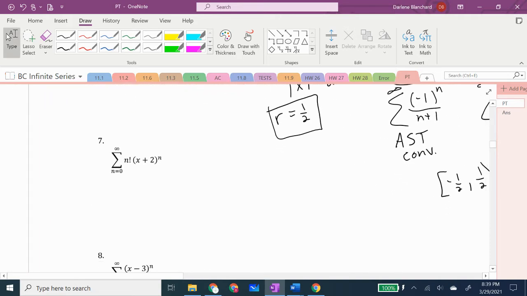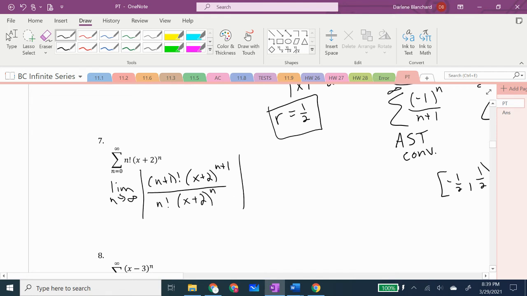All right, next, number 7. Again, start with the ratio test. Limit as n approaches infinity of plug in an n plus 1, divided by plug in an n, and since I didn't have a fraction, I'm just going to do regular division instead of times reciprocal.